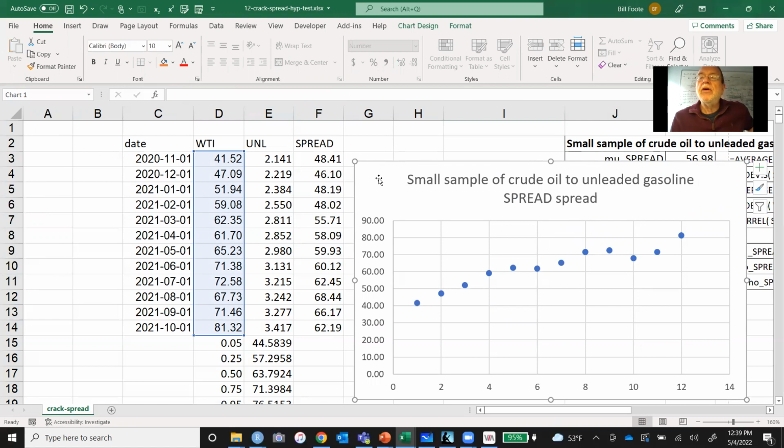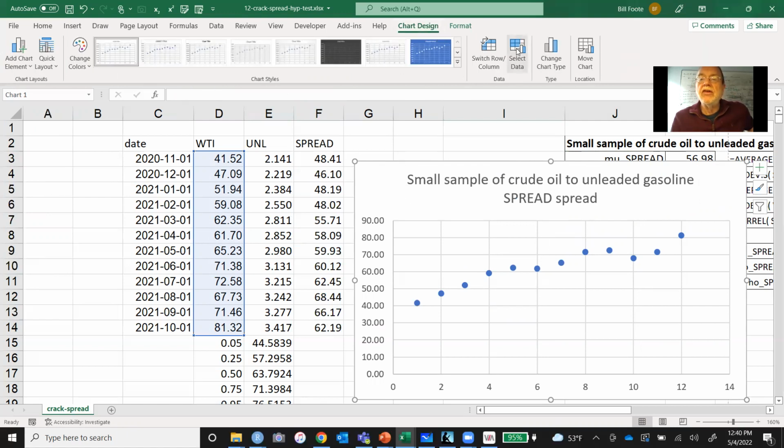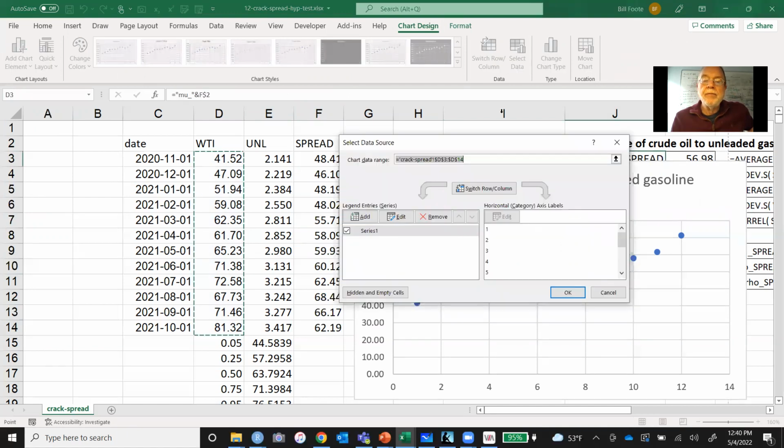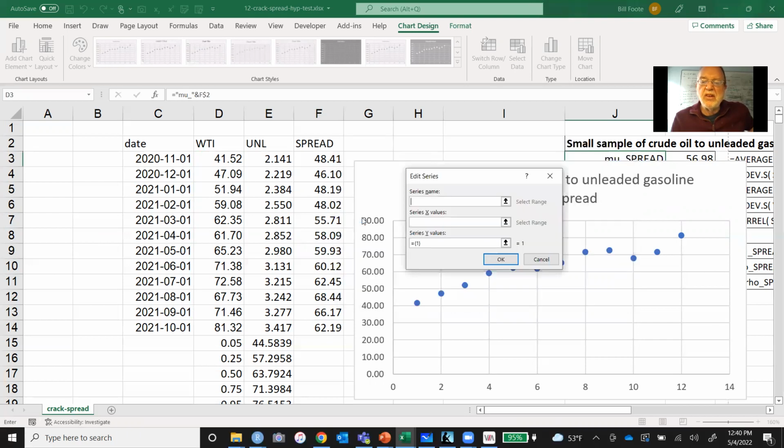You can also go up here to design, chart design, and do a select data. And don't give this a name. You don't have to do that. I never do that. I always do this.